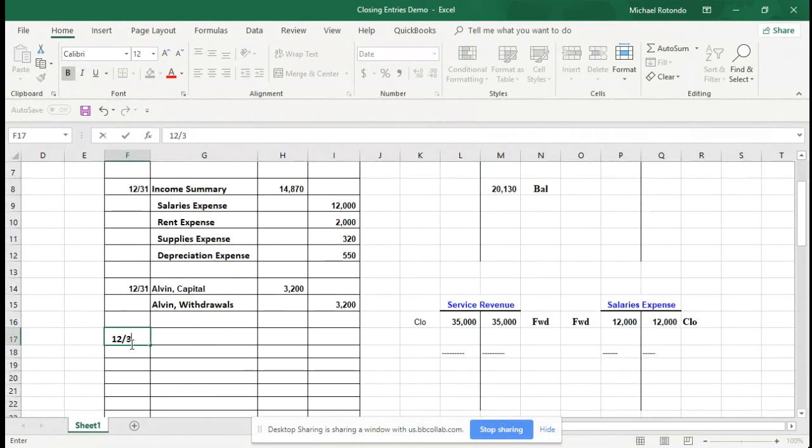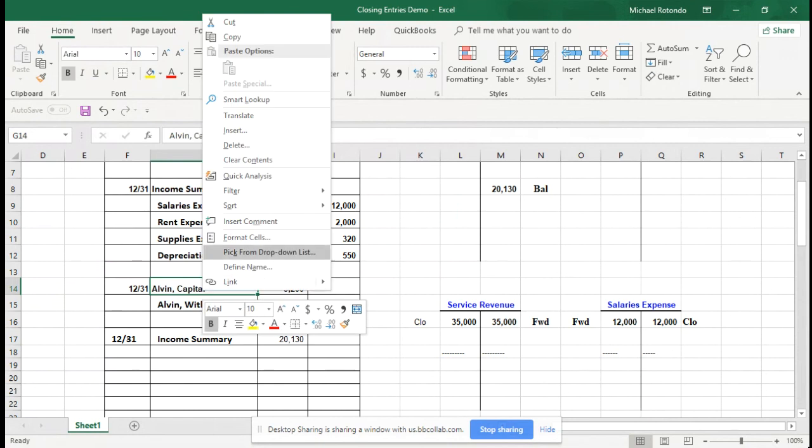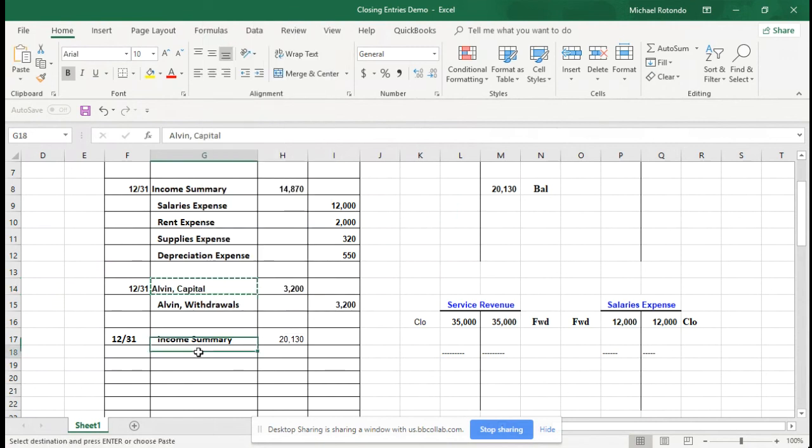So we're going to debit the income summary for $20,130, and we're going to credit Alvin's capital account. It should be indented. Just copy, paste this. And that should be our 20,130.